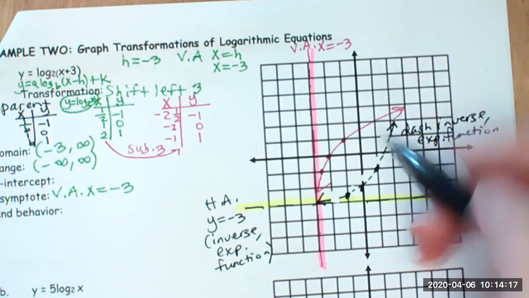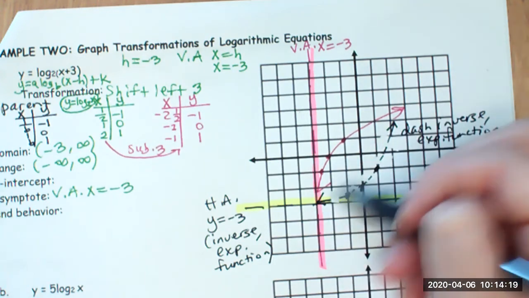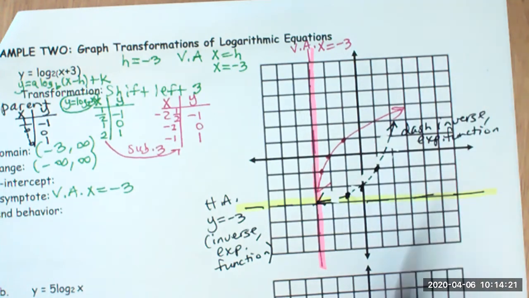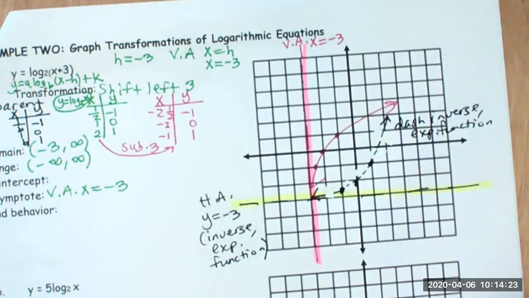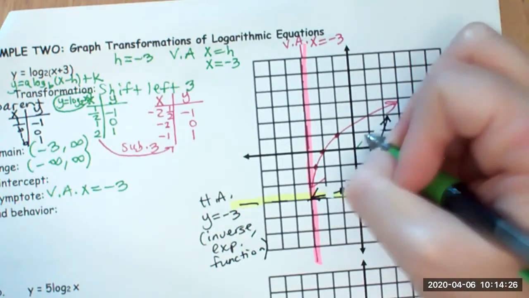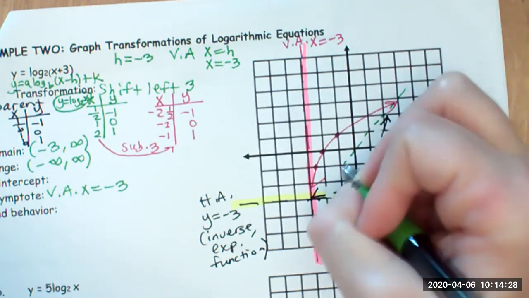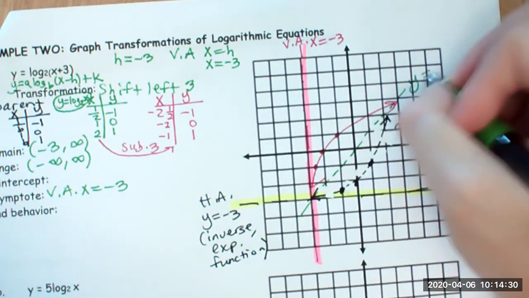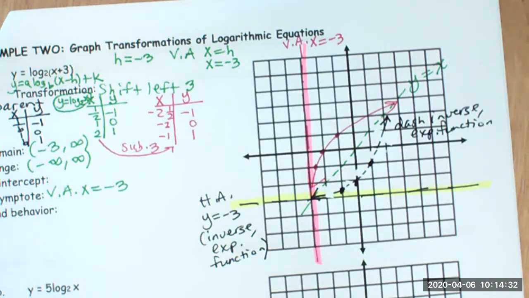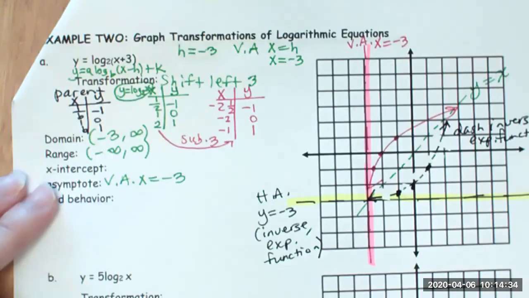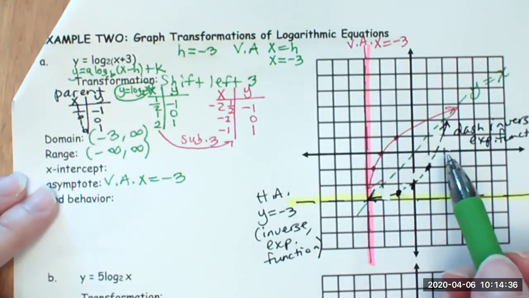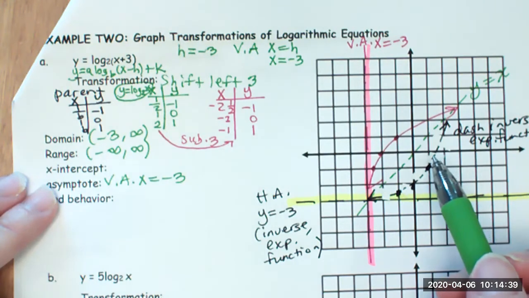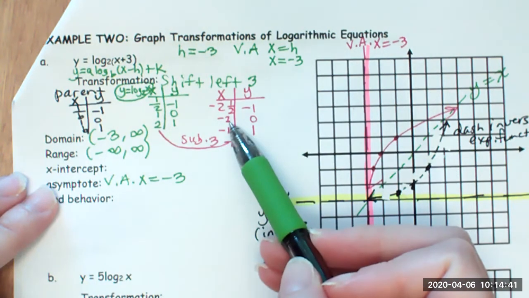And you can see there's that y equals x line again, because they are inverses of one another. So we can go ahead and dash that y equals x line, just like before. So here's y equals x. Okay. As you'll notice, if you're looking at the graph, you can see what the x-intercept is just from the table.